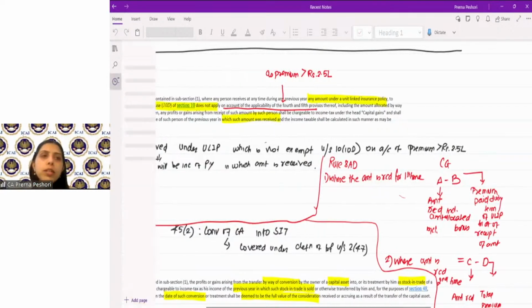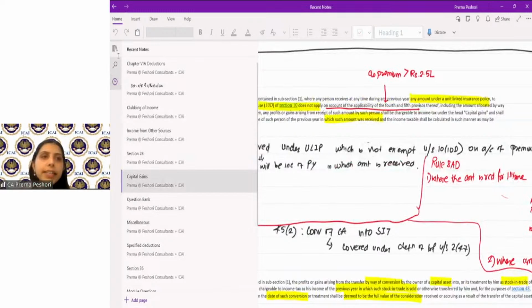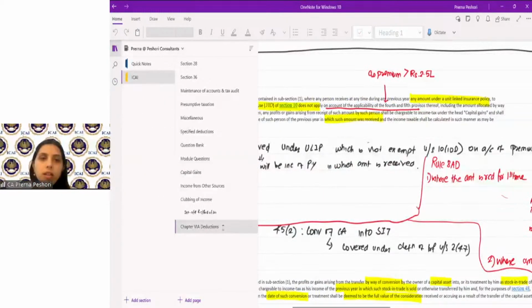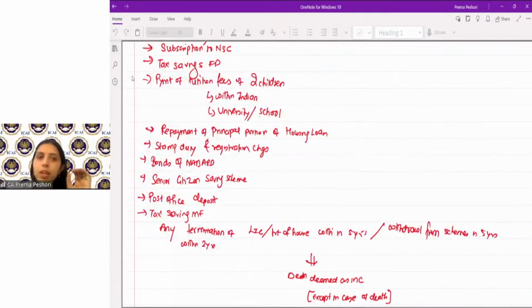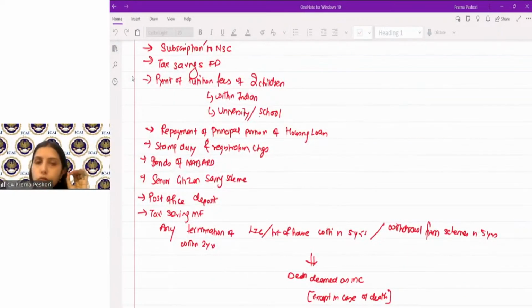Now, what does the amendment under 80C provide? Let's try and understand. Contribution to the ULIP is allowed as the deduction under 80C.